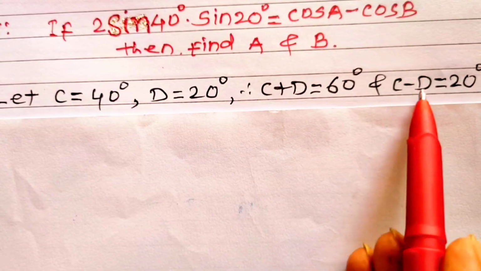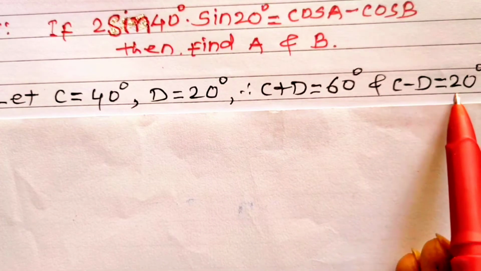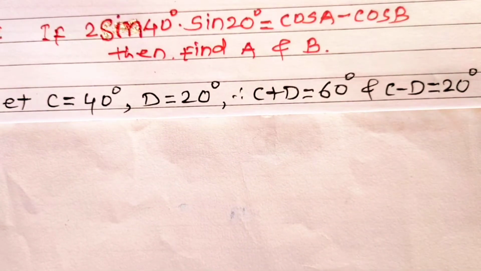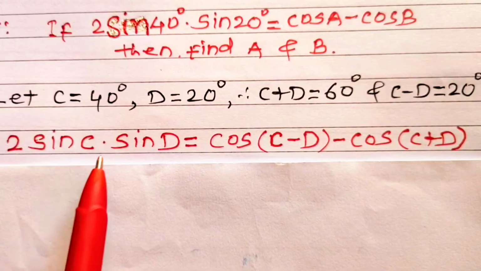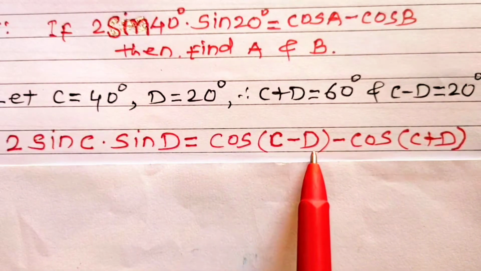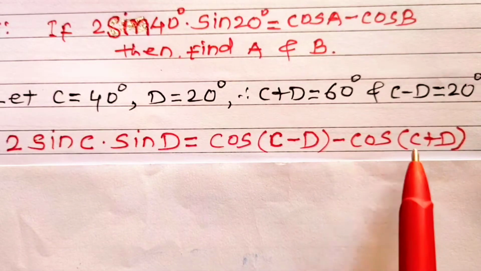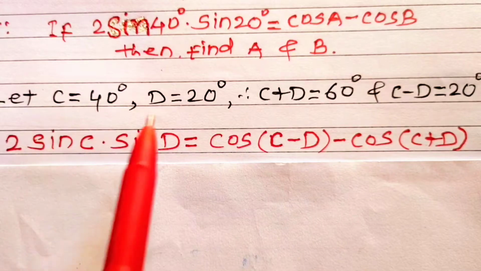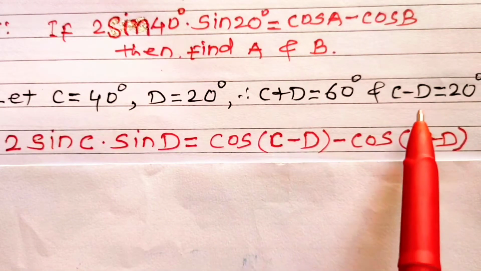And C minus D is equal to 40 minus 20 is equal to 20 degree. Now we have to apply the formula. 2 times sine C into sine D is equal to cos of C minus D minus cos of C plus D.